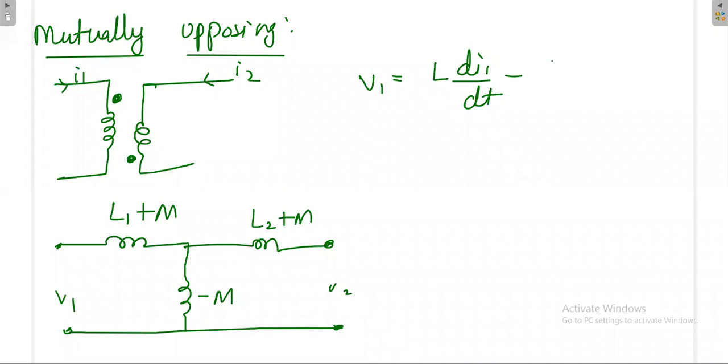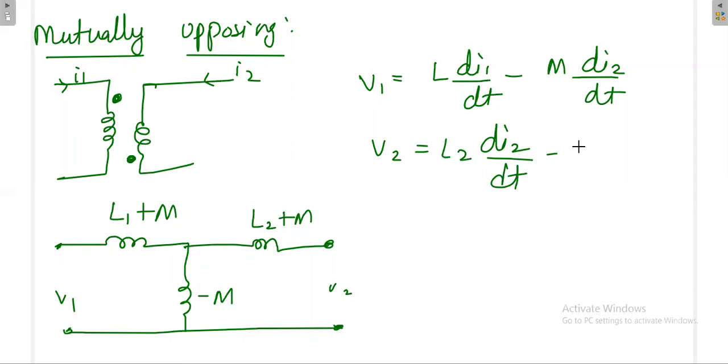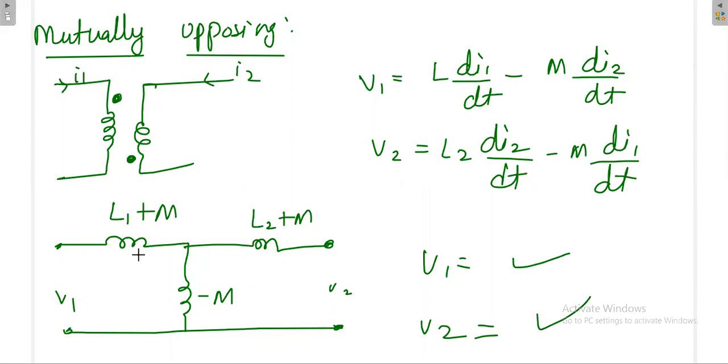That's why I put minus here. Here also V2 is L2 di2 by dt minus M di1 by dt. Once again you can prove both are same as V1 and V2. So this is the equivalent circuit model for a transformer.